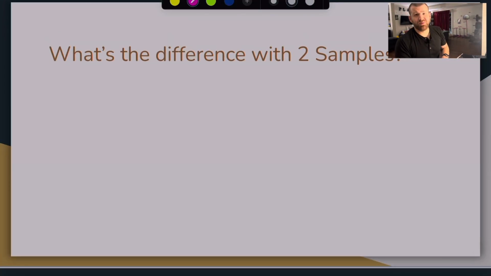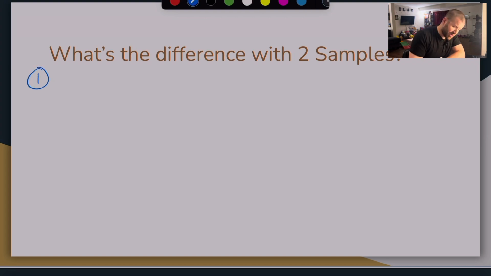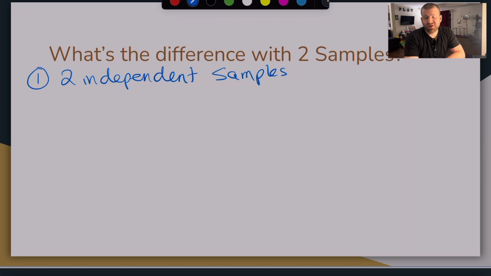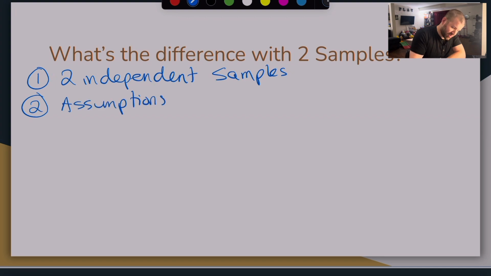So again, the biggest difference with two samples, very similar to confidence intervals, is that I have to make sure that I have two independent samples. If I do not have independent samples, it's not a two-sample test. The second thing is that my assumptions need to be true for both.